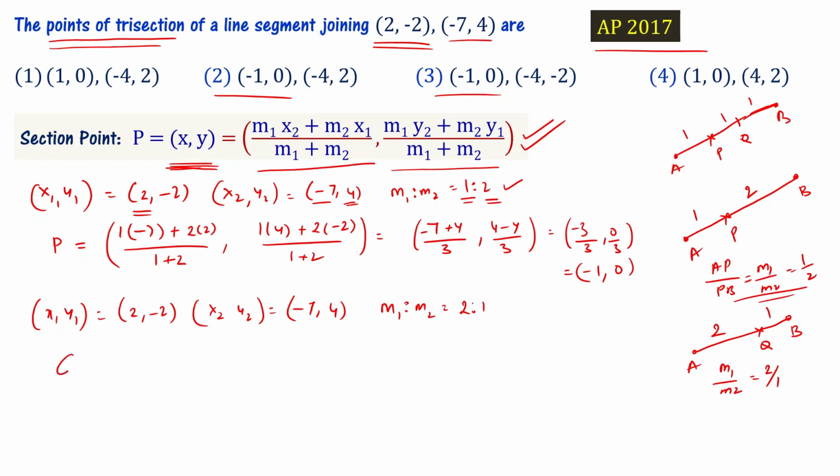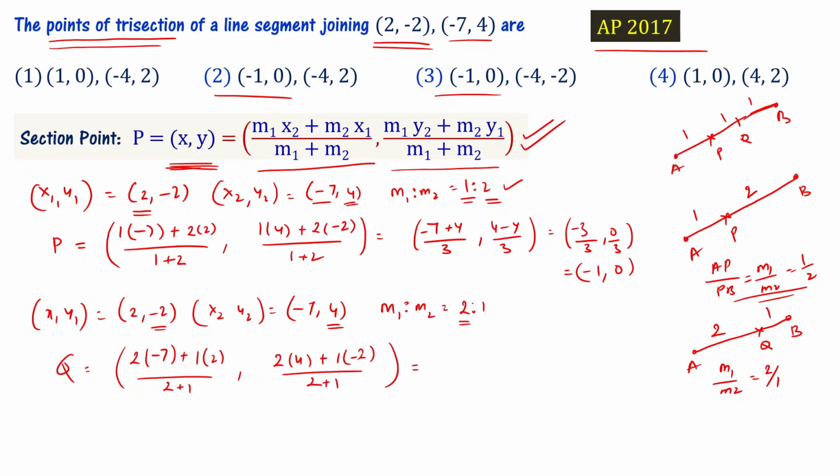So when you substitute, the Q is going to be 2 times minus 7 plus 1 times 2, divided by 2 plus 1, comma, this is going to be m1 times y2, that is 2 times 4, plus 1 times minus 2, divided by 2 plus 1.